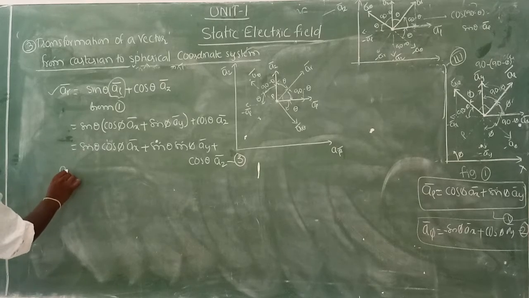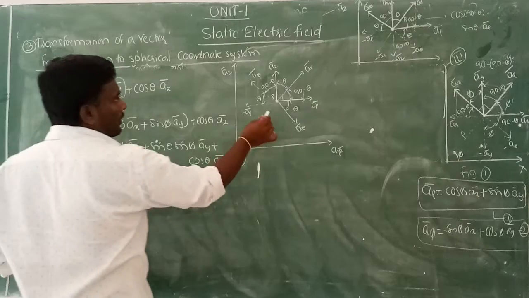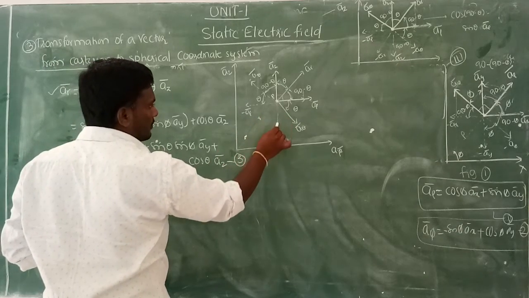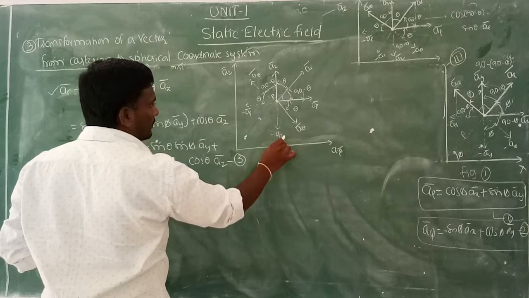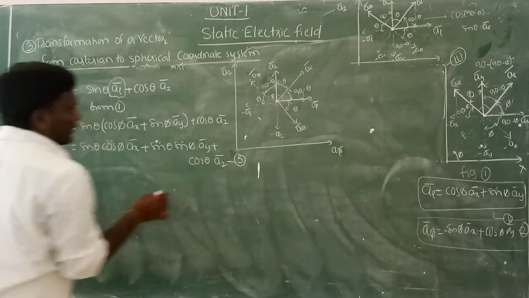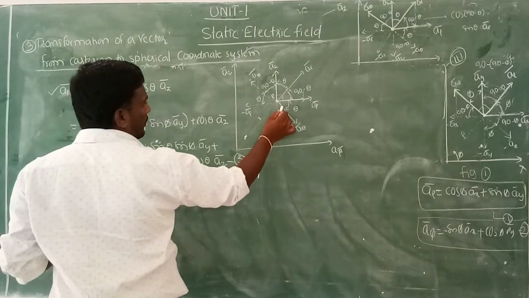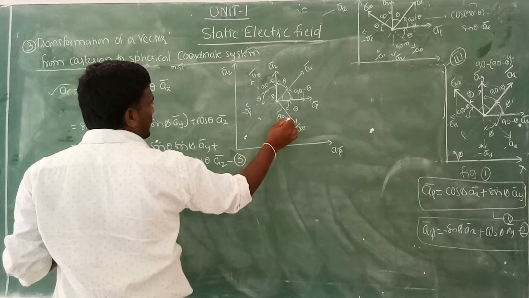What is the other unit vector in the spherical coordinate system? That is a theta bar. Now see, where is your a theta? This is it. Resolve this a theta bar on minus az bar and a rho bar. This is the angle 90 minus theta.